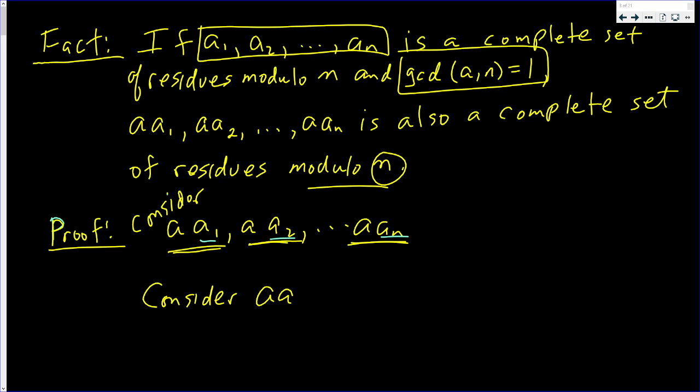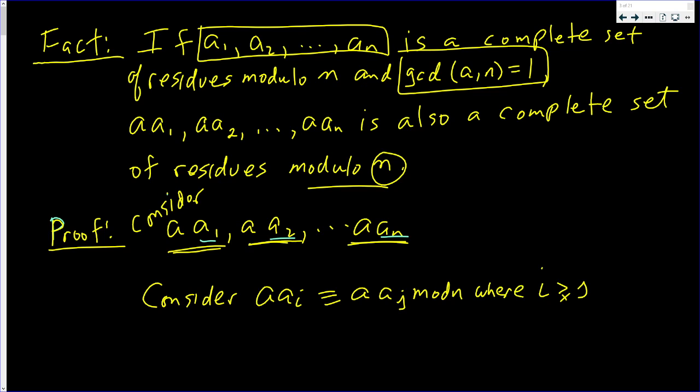Okay. So consider a times a sub i congruent to a times a sub j mod n. Okay, i is not equal to j. In fact, let's say one is bigger than the other. Say i is greater than j, and to really state it, not equal to.